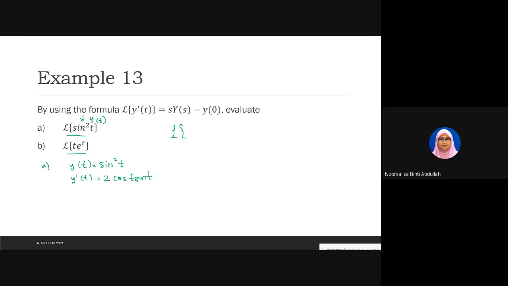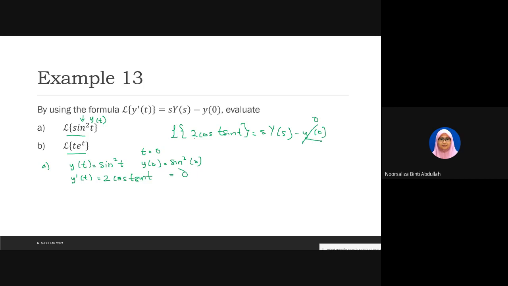Laplace of y prime, so this one, 2 cos t sin t, equals to sY(s) minus y(0). So y(0) ni daripada sini. Maksud y(0) adalah bila t sama dengan kosong. Bila t sama dengan kosong, y(0) equals to sin kuasa 2 kosong, so sama juga dengan kosong. So this one equals to 0.